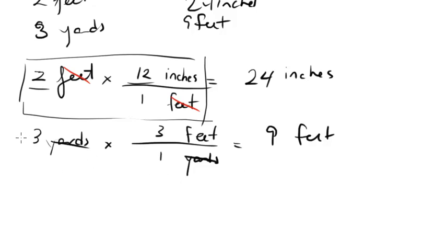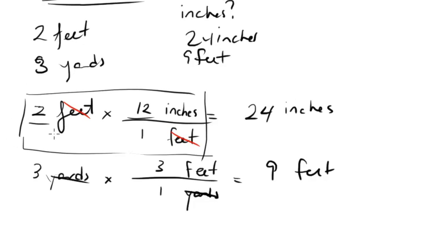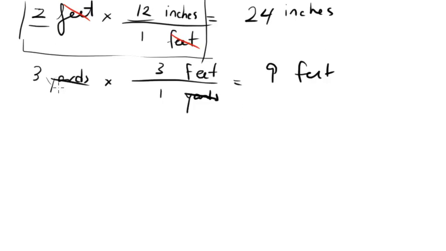So that is the simple way of looking at something that can be relatively complex. Now, obviously, if all our problems were as easy as this, you wouldn't need the factor label method. But in most cases in chemistry, you're not going to be able to do it in your head, either because it's going to be too much math, or because the conversions are not going to be as intuitive as 12 inches to 1 foot, 3 feet to 1 yard.